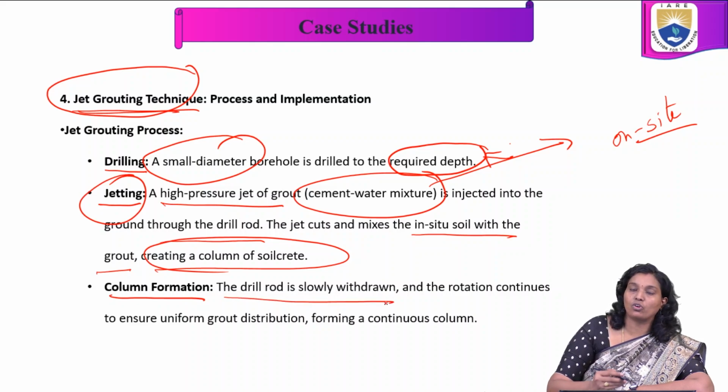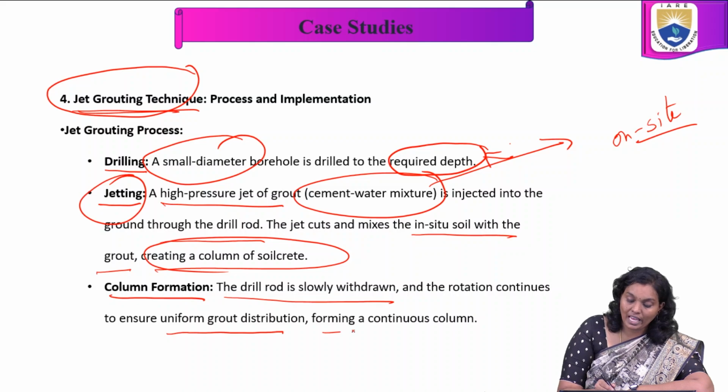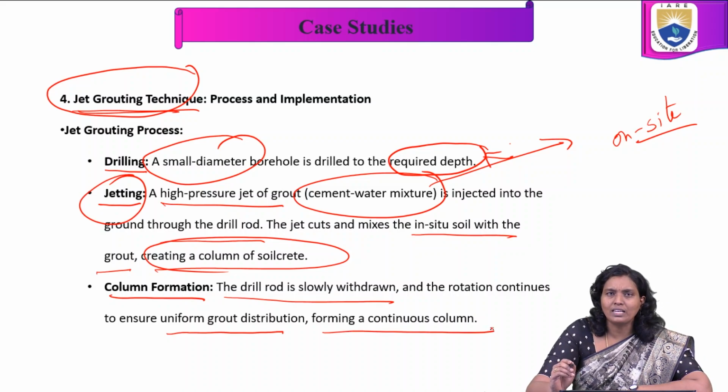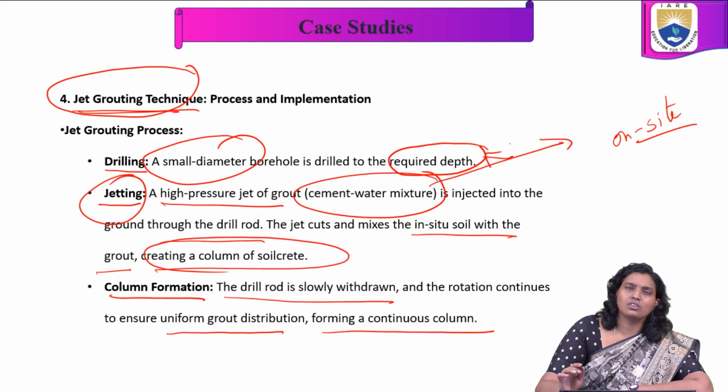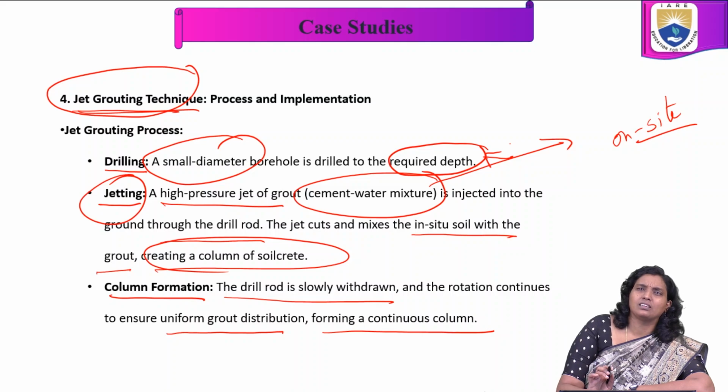We are going to withdraw this drill rod slowly and rotate continuously to ensure uniform grout distribution, forming a continuous column. Once we ensure the uniform grout distribution and the continuous column, this process is completed.